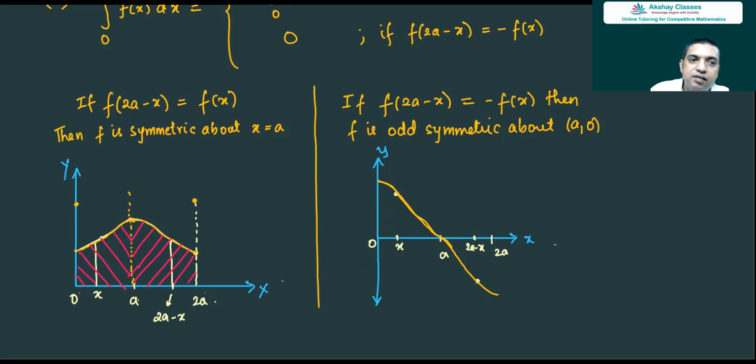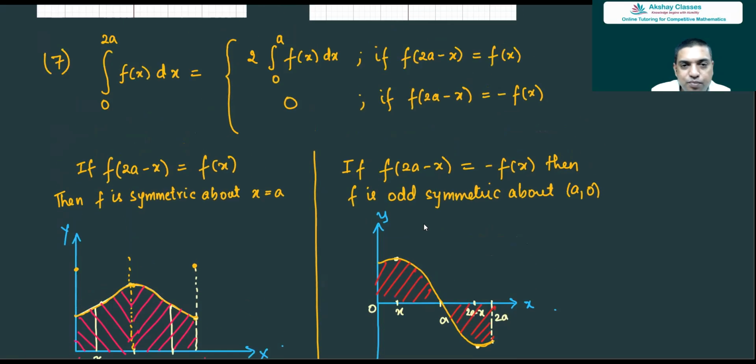What we see is the graph will be symmetric. This shaded portion will be equal to this shaded portion, but with a negative sign. So when you add, the integral will be 0.